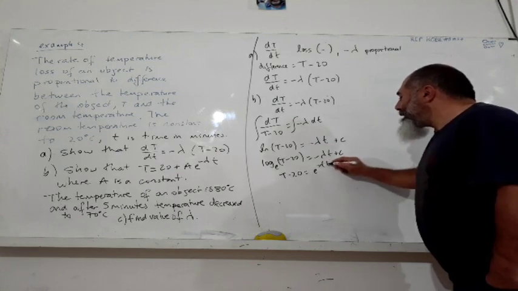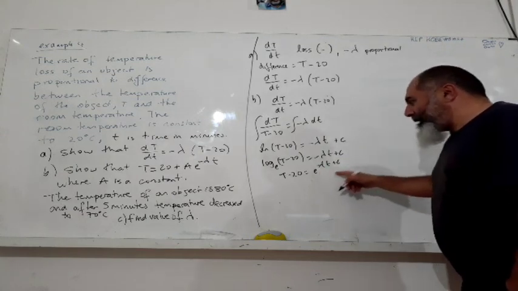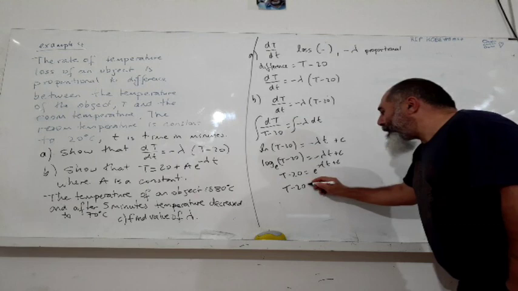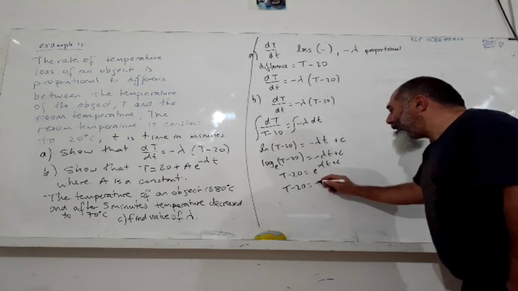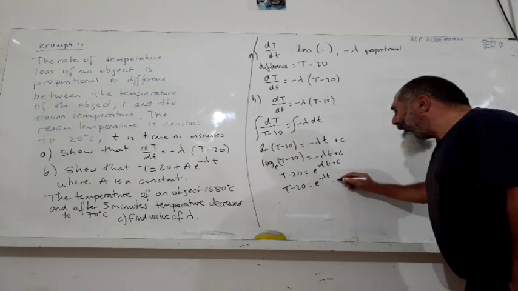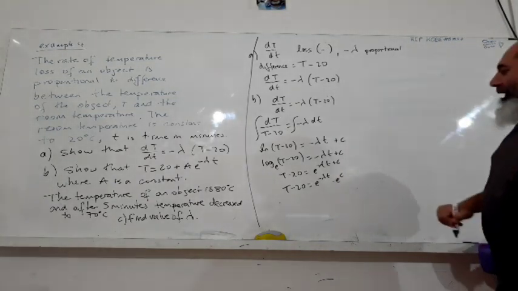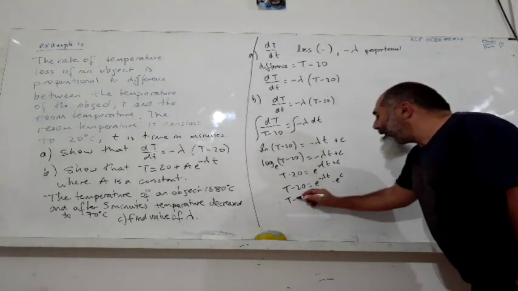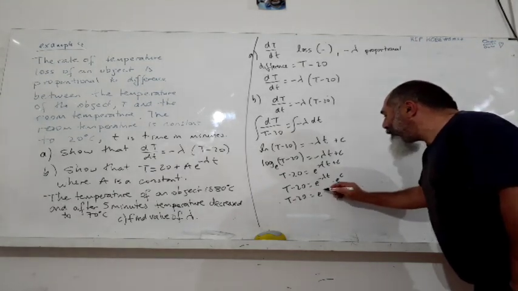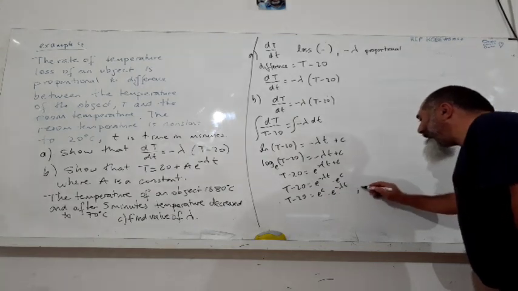And we can separate them. T minus 20 becomes e to the power of minus lambda t times e to the power of c, because we have addition there. So again, change their places, e to the power of c times e to the power of minus lambda t, and say that A is equal to e to the power of c because it's just a constant.